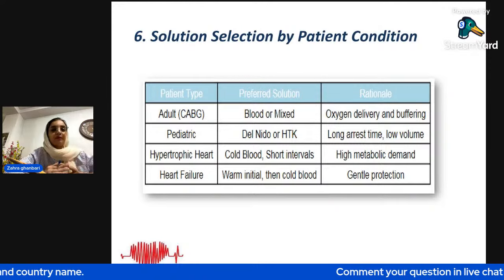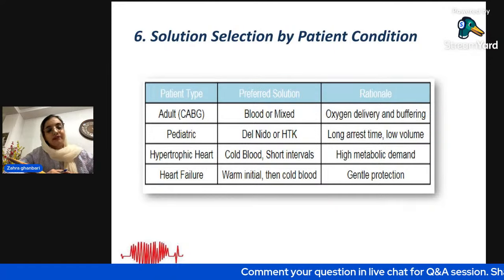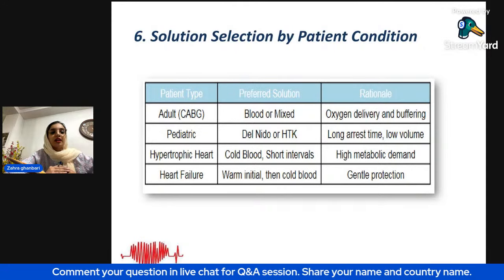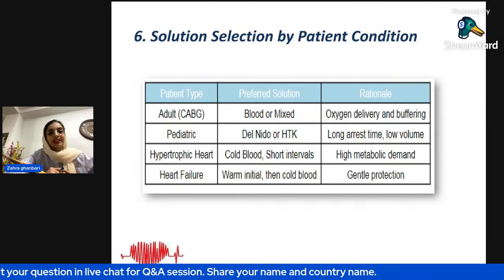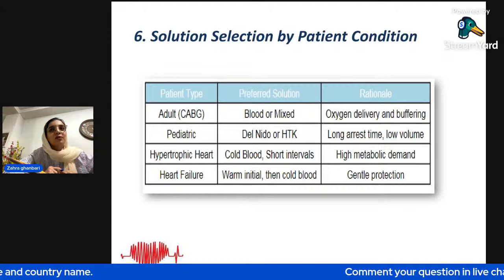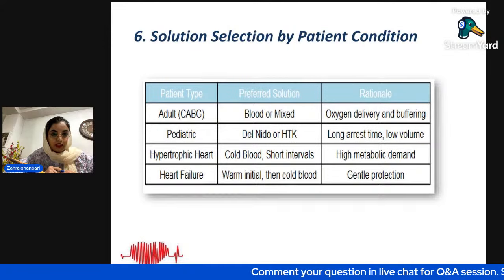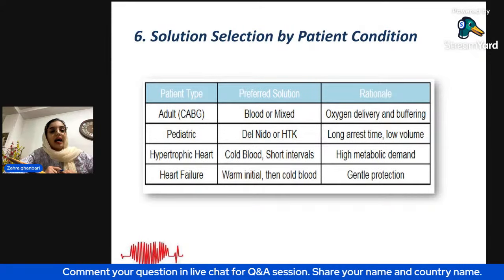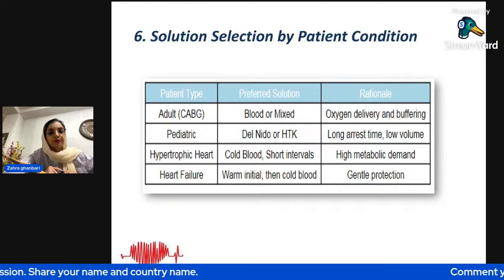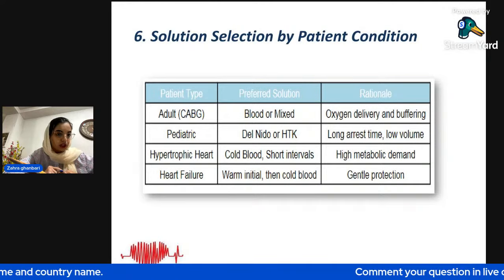Choosing the solution depends on many factors: the surgeon, the patient, the patient's condition, and the routine cardioplegia solution that the center uses. For example, for pediatrics, Del Nido is better. Actually, studies demonstrate that Del Nido is better. For a hypertrophic heart, cold blood and a short interval is very good because of high metabolic demand.